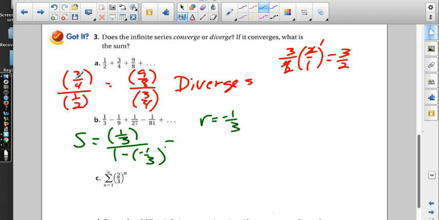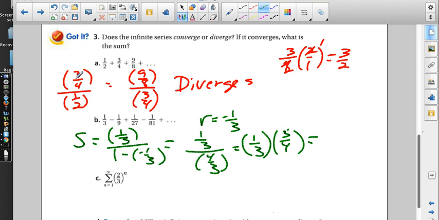That's where people were tripping up a little bit: minus a negative becomes a plus. So this will be 1/3 divided by 4/3. We multiply by the reciprocal, the 3's cancel, and we get 1/4.